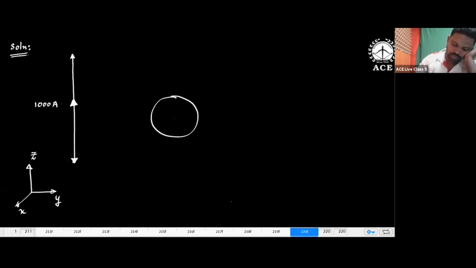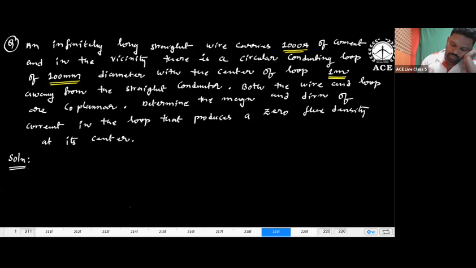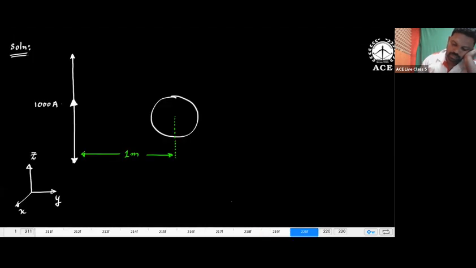What is the distance from here to here? 1 meter. Clear? And what is the radius of this one, beta? Diameter is 100 mm, so the radius will be 50 mm.